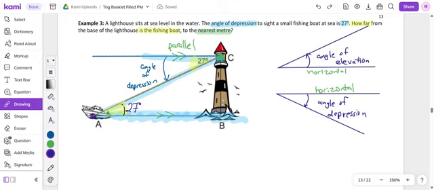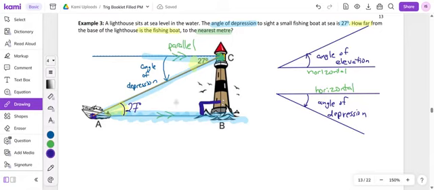Okay, so now I know one of the angles in the triangle. I also know one more angle, and that is the angle that the lighthouse makes with the water. We can assume that the lighthouse is perfectly vertical and that the water level is perfectly horizontal. And that gives us a right angle.